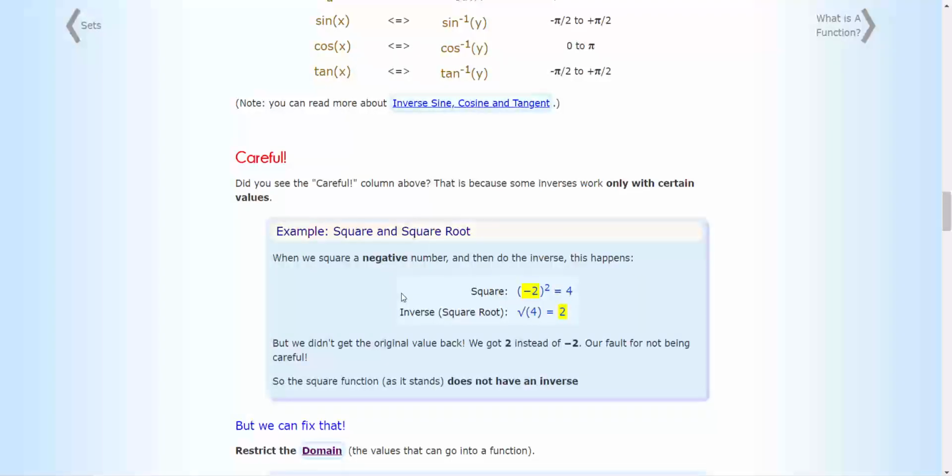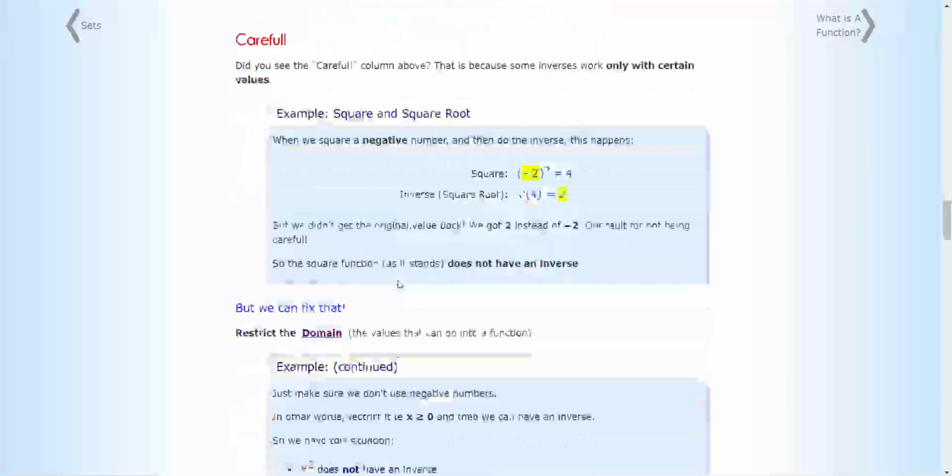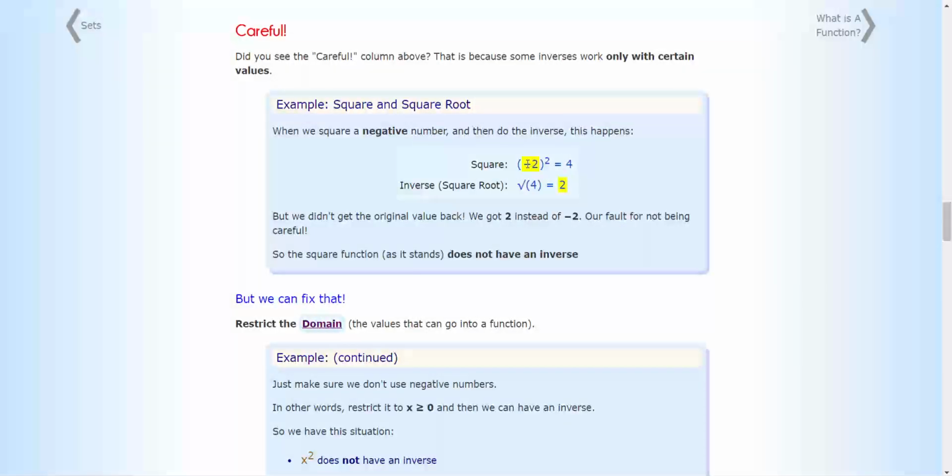Now, when we square a negative number and then do the inverse, this happens. When we have negative 2 to the power of 2, you get the answer of 4. Now if you need to go back, you can't get to the negative 2, and that doesn't really work. So you have to make sure that for the negative numbers there is a way to reverse.